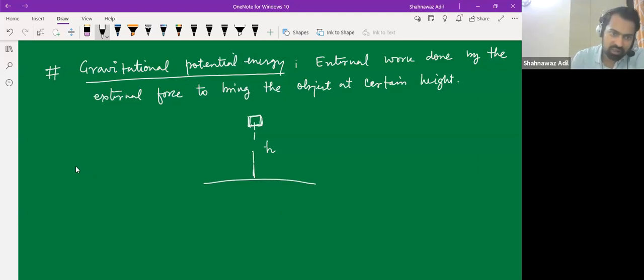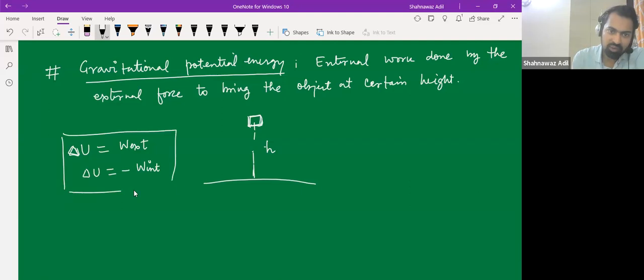So the work done would be, or this change in potential energy, delta U, would be work external, or this would be minus of work internal, right? So whenever I say external work done, that would be against this internal work done.